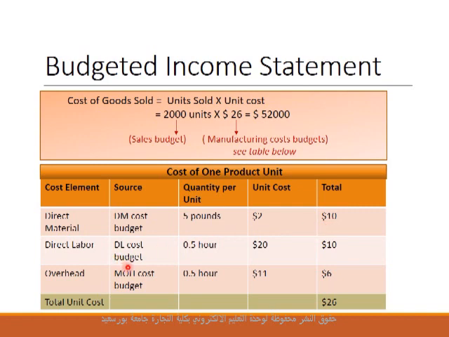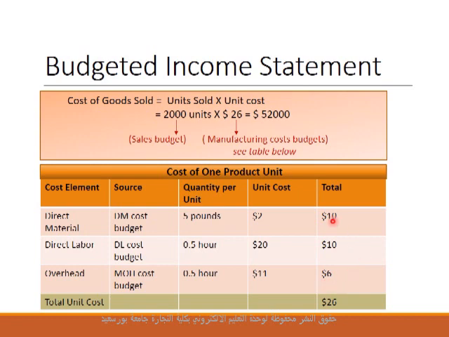According to the direct labor cost budget, half an hour is needed to produce each product unit, and the rate per hour is $20. That's why direct labor cost per unit is $10. According to the manufacturing overhead cost budget, the predetermined overhead rate is $11 per direct labor hour, and half an hour is needed to produce each product unit. That's why manufacturing overhead cost per unit is $6.